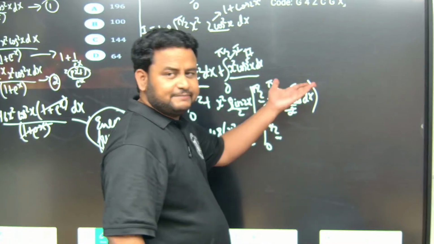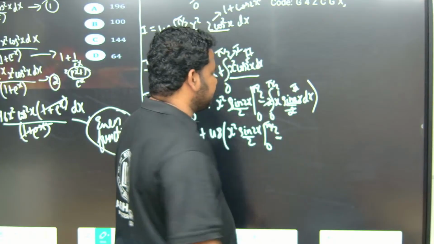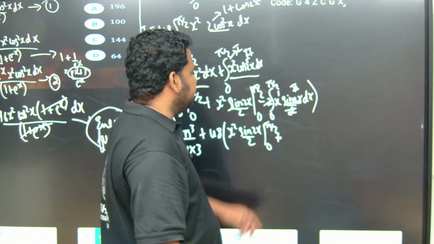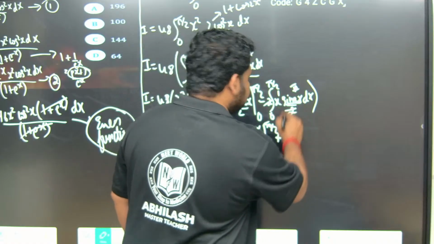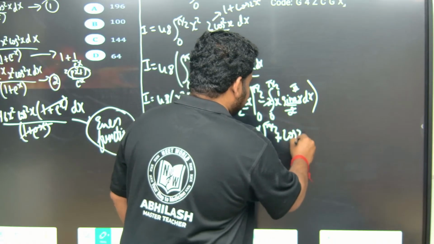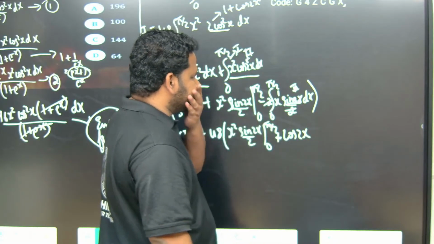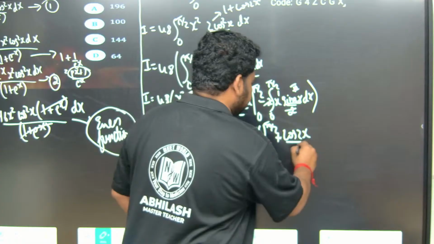I am integrating again by parts. Integral of sin 2x is minus cos 2x, so minus into minus will become plus. This will become minus cos 2x by 2.